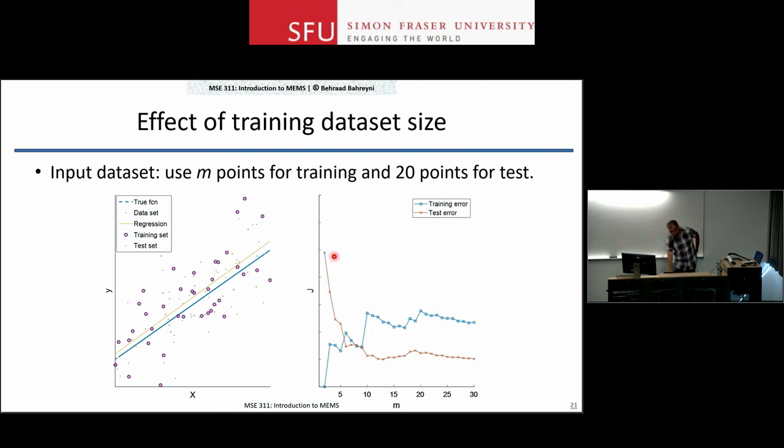But my test error, which is the error that I really, really care about, has dropped. And as you can see here, it has kind of plateaued. It doesn't seem that I'm gaining much after the 20th sample. It looks like the first 20 samples gave me a good enough function. Beyond that, it doesn't really make that much of a difference.